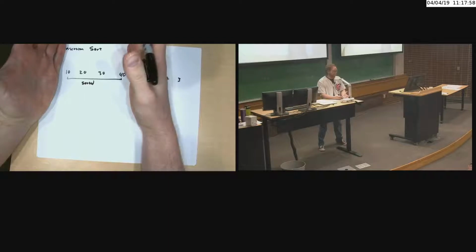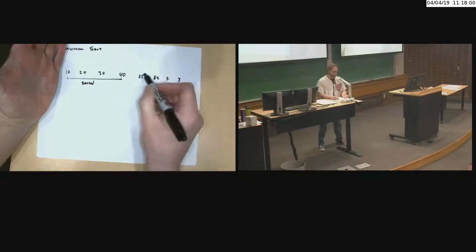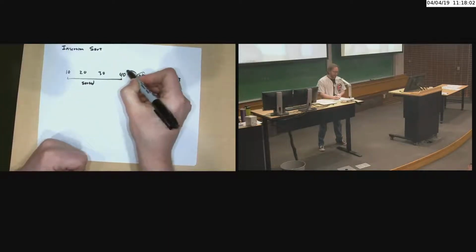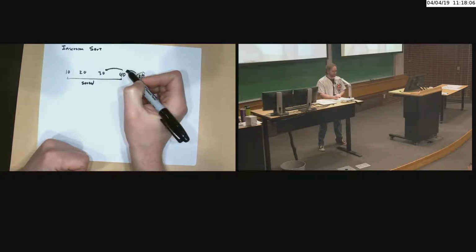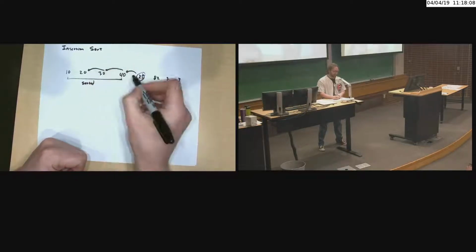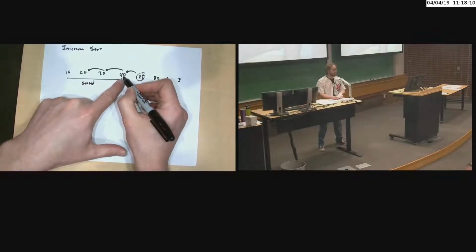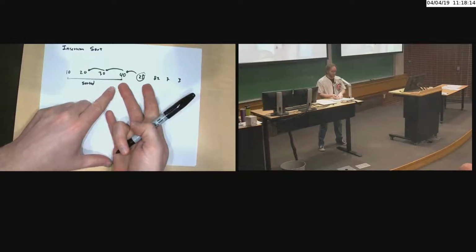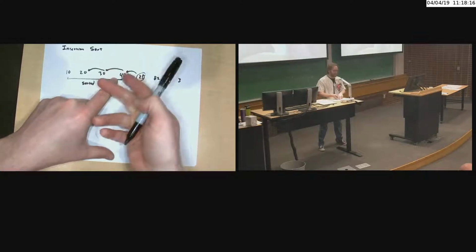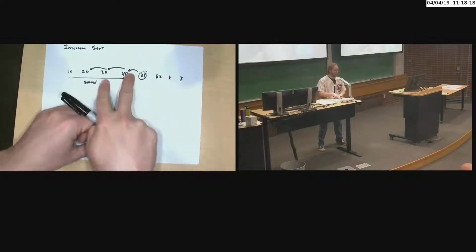The algorithm works by looking at the next element and then going back through the sorted array, finding out where it belongs. It makes a comparison to 40 and says, well, it belongs before 40. So what does it do? It swaps these two things. And then it looks at 25 and 30 and sees, well, 25 is less, so it swaps those two things.